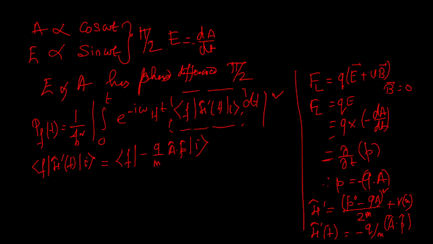So for n number of systems, H'(t) becomes E0 omega cos omega t, sum over n of qn by mn, unit vector into pn.